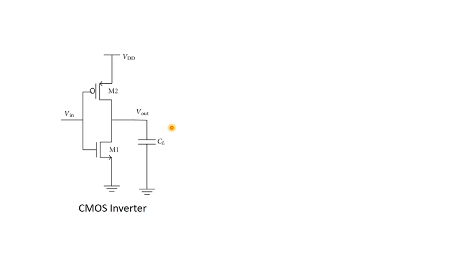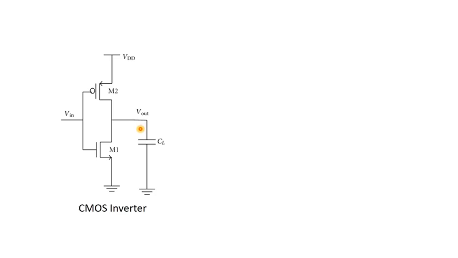The third advantage is fast switching of CMOS logic gates. That is because when this PMOS is on, this NMOS will be off. So the total PMOS current will be used for charging this load capacitor.